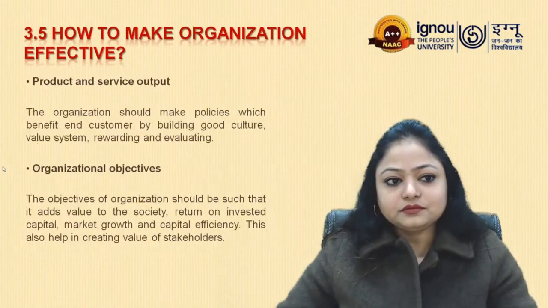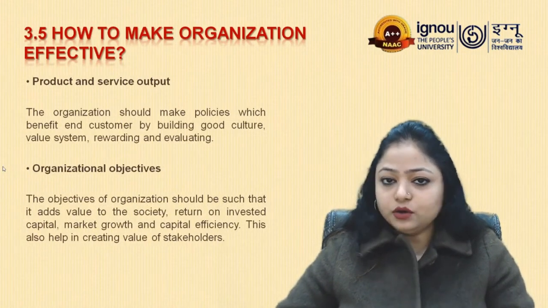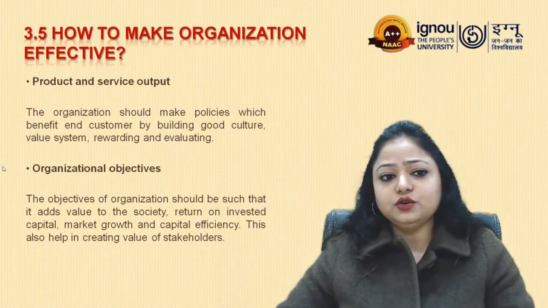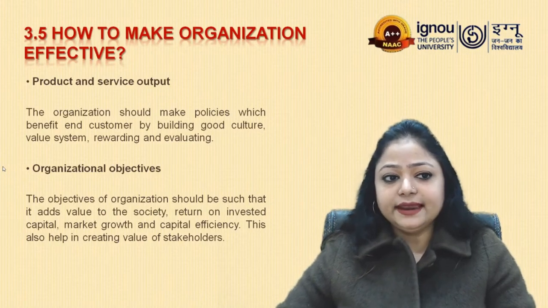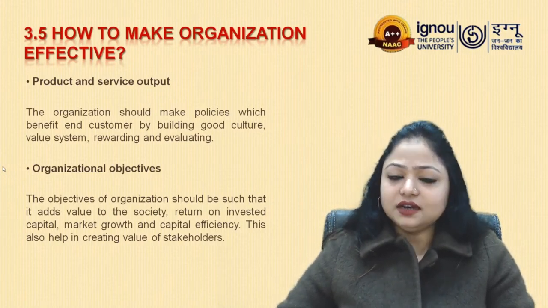Okay, then product and service output. So ultimately the goal of the organization and each and every effort taken by human resources is towards having the desired product quality and service output.